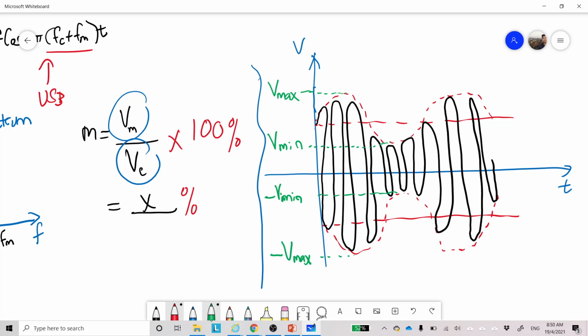And if you see, the carrier component doesn't carry any information. Information is only carried by the lower sideband and upper sideband components, but the carrier does not carry any information. Kosong, nothing. The carrier has the highest peak, that means it will produce higher power.